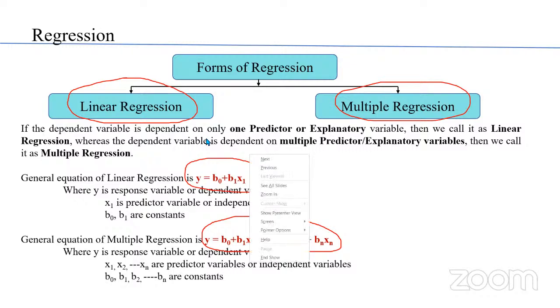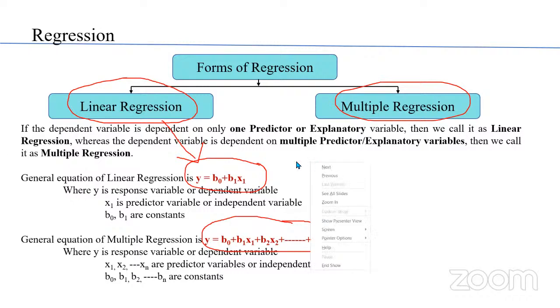But the concept is, if the dependent variable is one and the independent variable is also one, then it is called linear regression. And if a particular dependent variable is influenced by multiple or many variables, then we call it multiple regression.